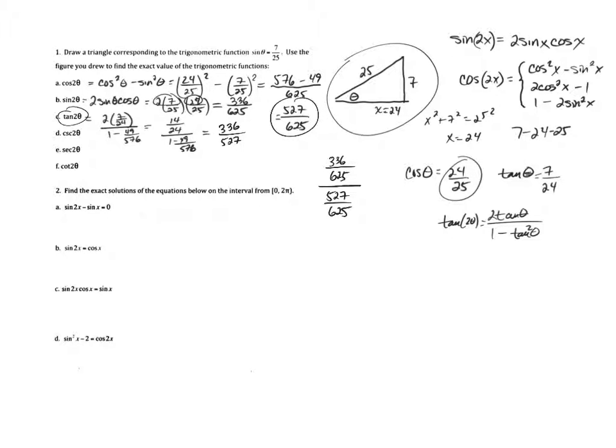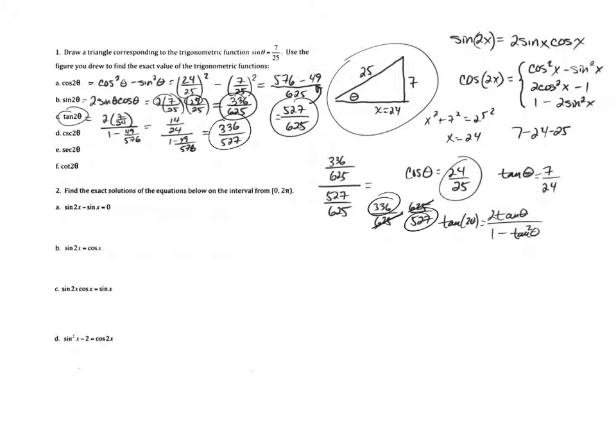This one was the cosine, this one was the sine. And of course, to simplify that, you get 336 over 625 multiplied by 625 over 527. So we're taking this numerator, which is there, and multiplying it by the denominator reciprocated, and the 625s are going to cancel out, and of course you get 336 over 527. Kind of nice to see that it gets the same answer either way.